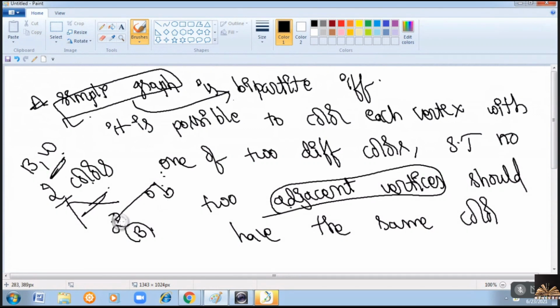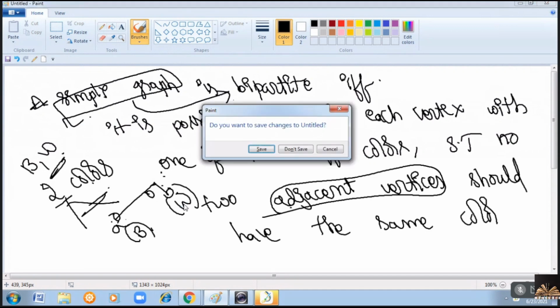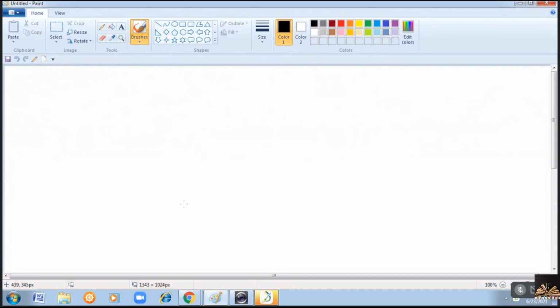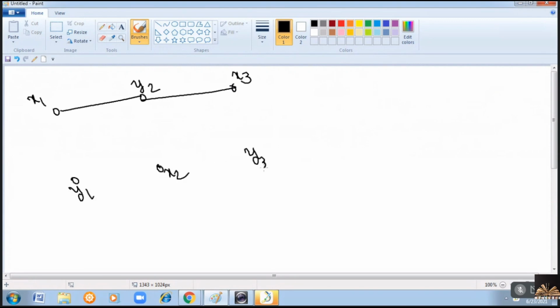If A is colored black, this vertex B must be colored white. It should not be colored black. Clear? Now I will tell you, by using this concept, how to say whether the given graph is a bipartite graph or not. Let me write the same graph: x1, y2, x3, y1, x2, y3.